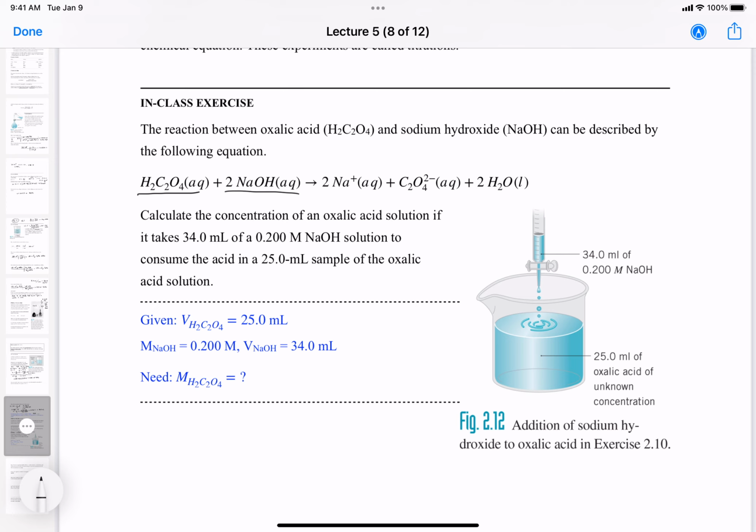It's usually a 25 mL sample of a solution of unknown concentration.